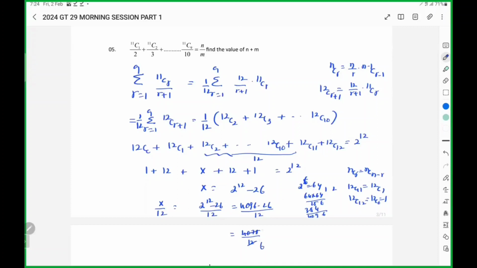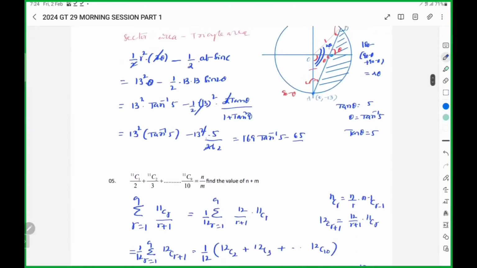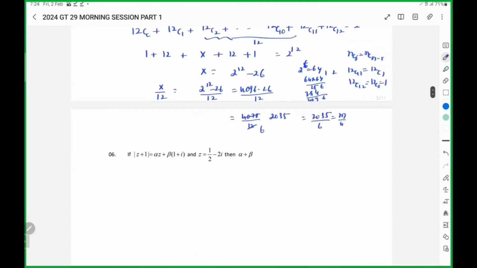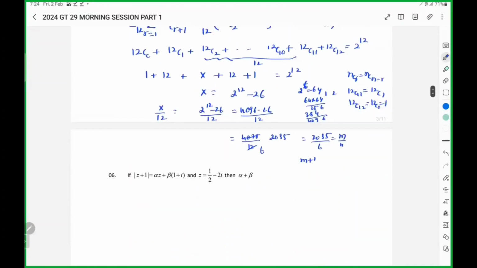This is the smallest number. Here we must say least value, otherwise many values will come. 2041.